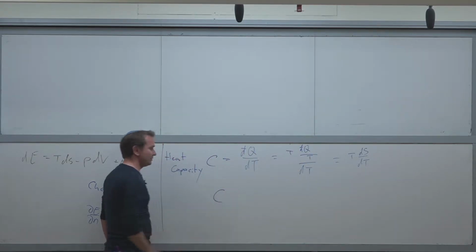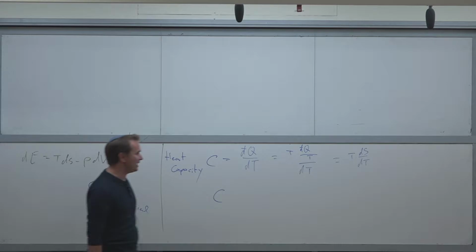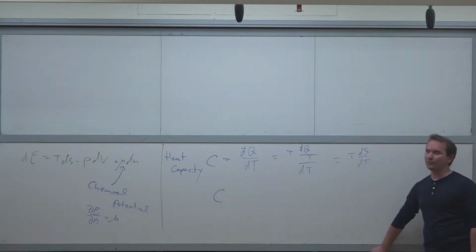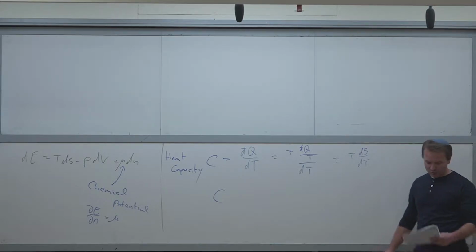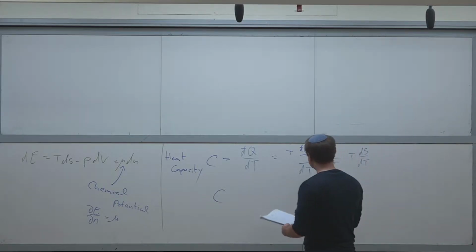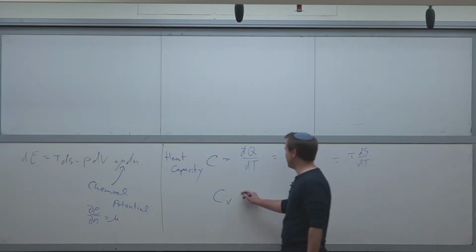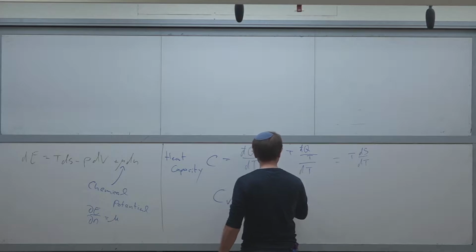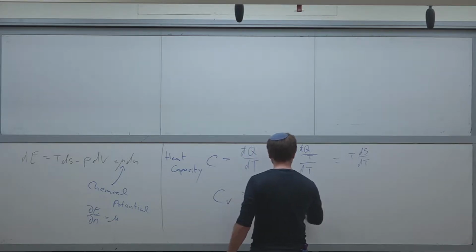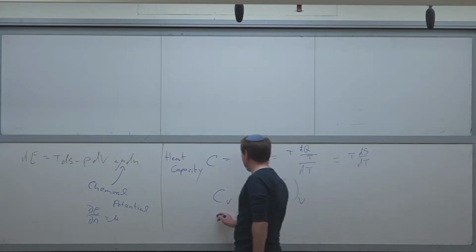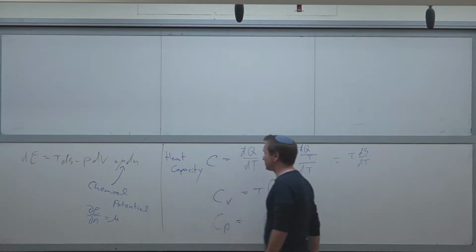This derivative depends on what kind of quantities we are keeping constant. So for example, we will have heat capacity at constant volume, which is simply T dS by dT when the volume is constant, or we can have heat capacity when the pressure is constant.